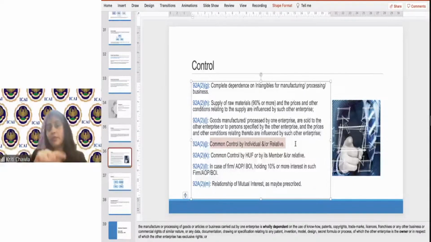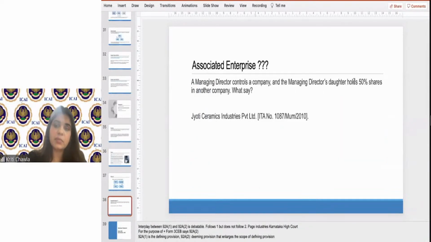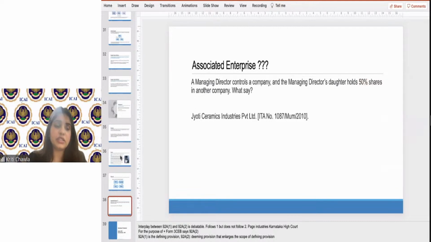So these two companies will also be related to each other because of common control. Yes, the daughter is controlling another company because she is holding 50%, which is more than 26% share capital, and hence they will be related to each other.